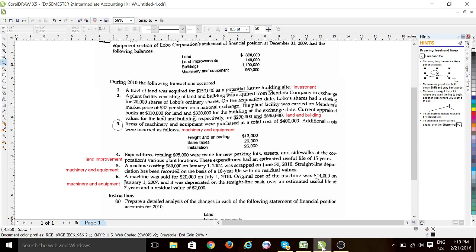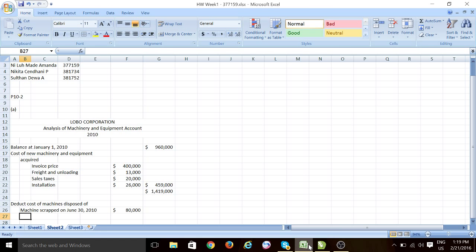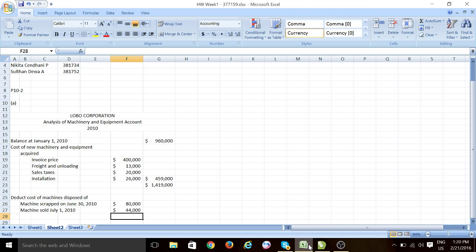And then the second transaction is machine sold. The original cost is $44,000 on July 1st, 2010. Machine sold July 1st, 2010 at a cost of $44,000.